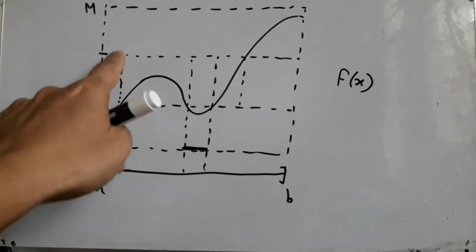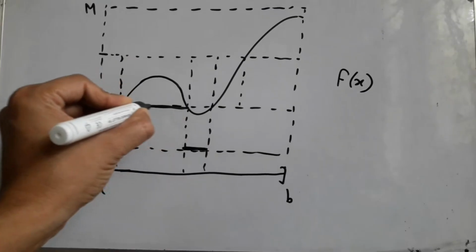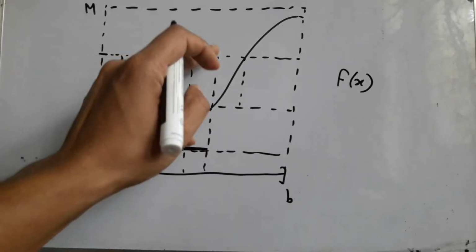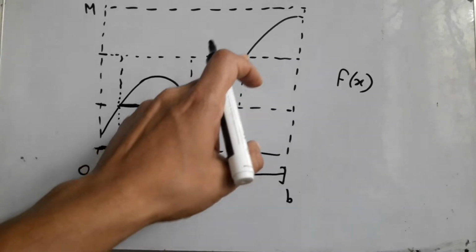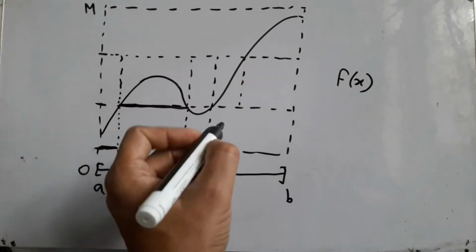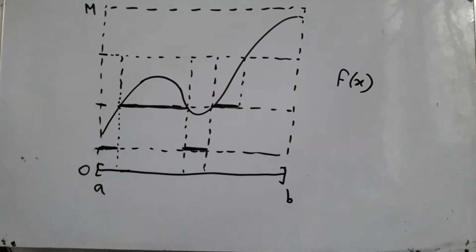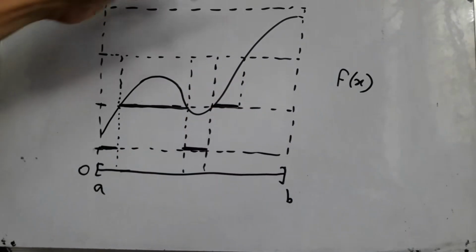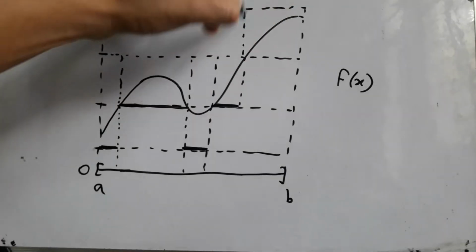Here you have its cell, flatten it down on the floor. In this cell there is no part of the curve, leave it. Here you have this part, flatten it down on the floor, no part of the curve. Now you come here, only one part is there, so this is the cell where this part lies.